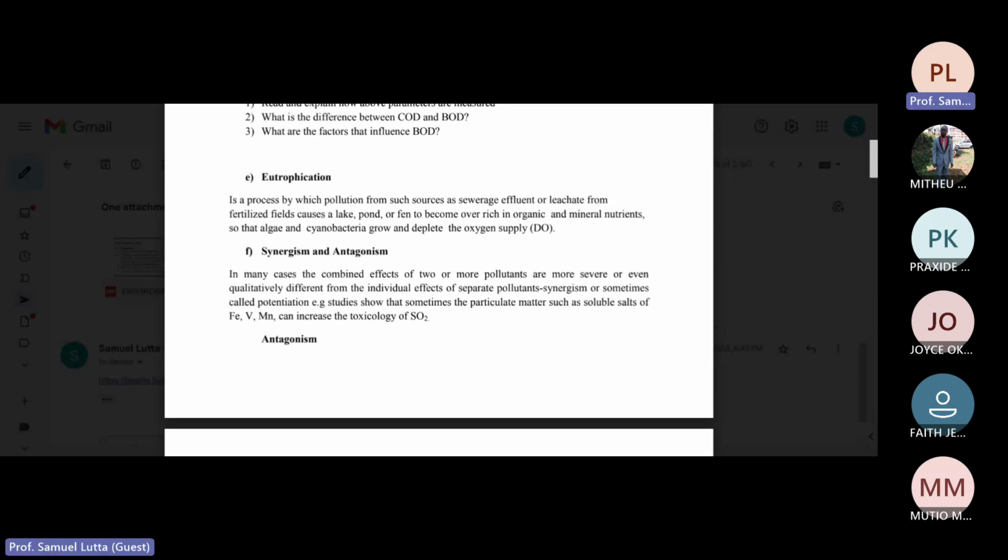So detergents, soaps, when you have too much of this from the sewage, they find themselves in the lakes and the ponds. And if you have too much of these nutrients, it means that the plankton, the plants in the water, will overgrow. You'll have too much of those plants in the water, the planktons.